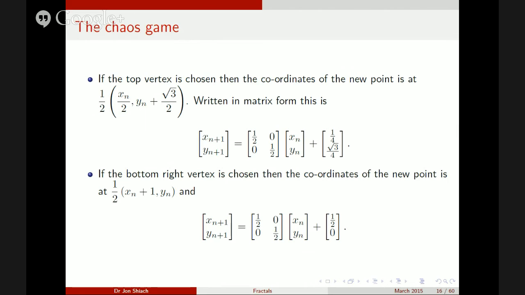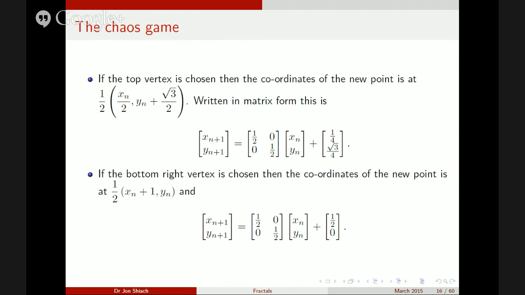Else, if the bottom right vertex is chosen, then the new point is at half x_n plus 1, and y_n, calculated using that matrix equation. So this is actually quite easy to code: you just loop through lots and lots of points, generating a random number each time.